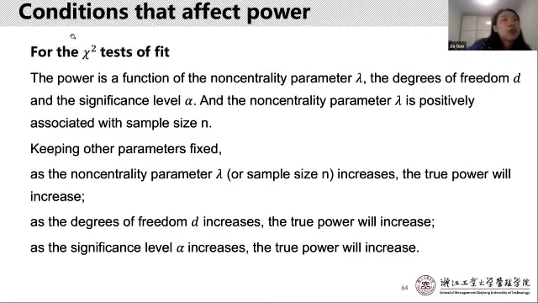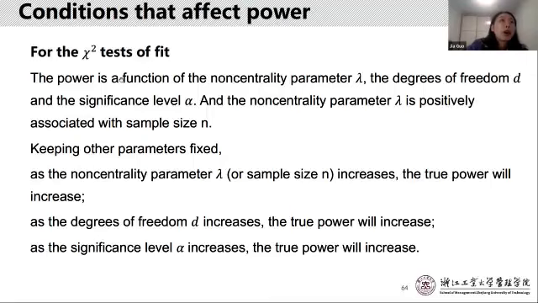We now move to the conditions that affect power. Similarly, we look at what things will affect the power. The power is a function of the non-centrality parameter lambda, the degrees of freedom d, and the significance level alpha. Here, the non-centrality parameter lambda is positively associated with the sample size n.